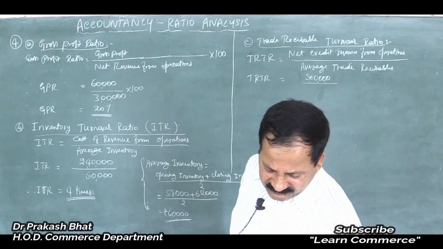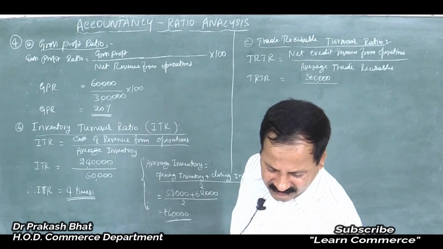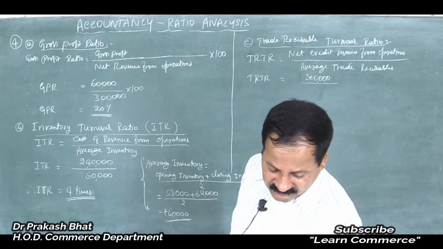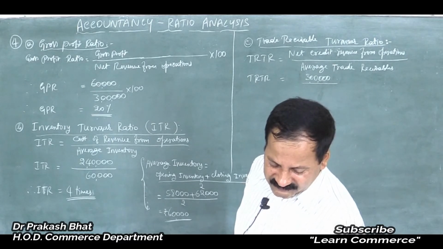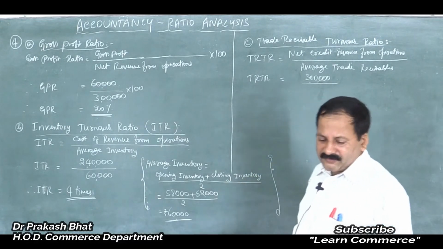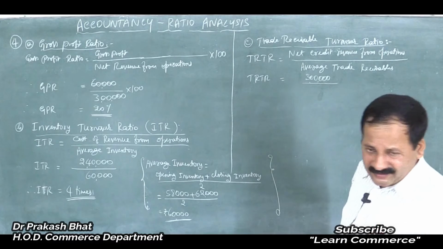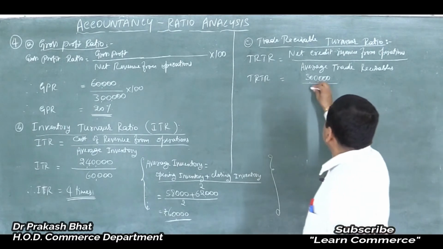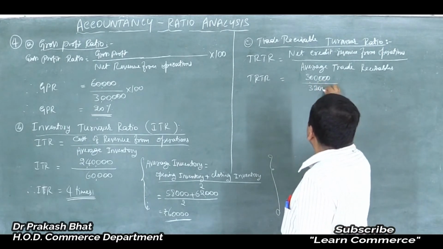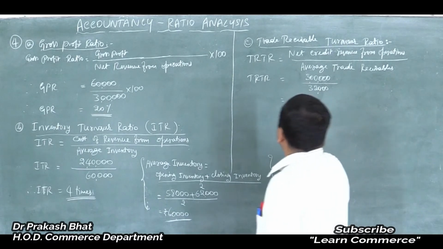Opening debtors and bills receivable and closing debtors and bills receivable: trade receivables are straight away given. Nothing is mentioned regarding opening or closing. So itself is the average, 32,000. Substituted now.